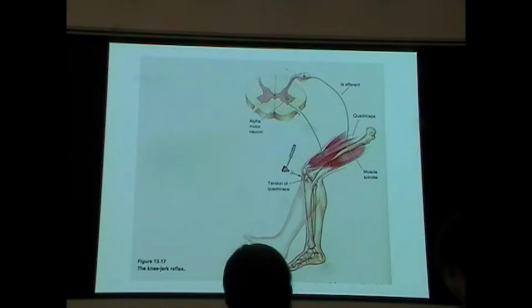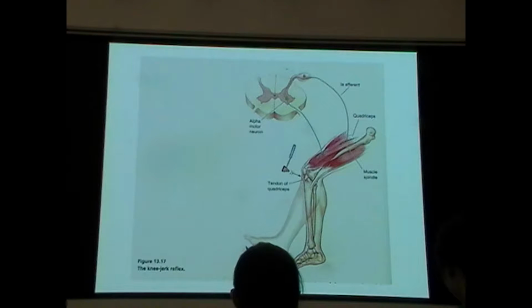So the reflex can be controlled by the upper motor nervous system, which is primarily related to the cerebral cortex. But typically, we just get a subtle movement of the leg because of the patellar tendon stretch, and that patellar tendon is basically stretching this muscle here in the front.